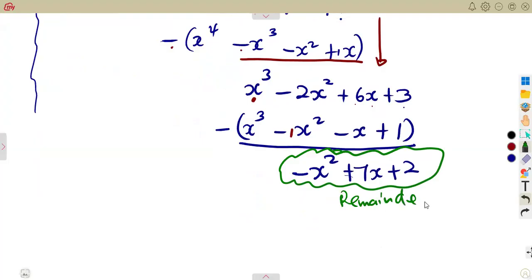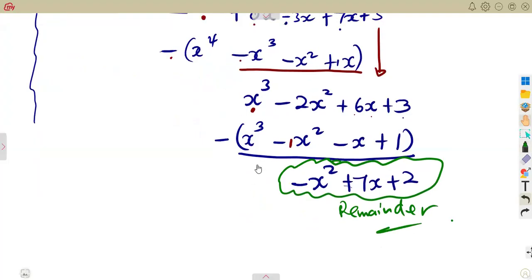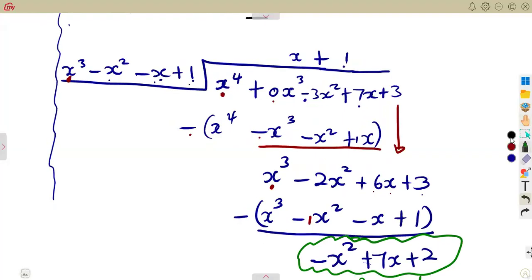So remember the concept of our division. When we divide, you are going to obtain the exact factor, which is the exact term that you are given, which is our expression of x plus 1 from our division that we got.